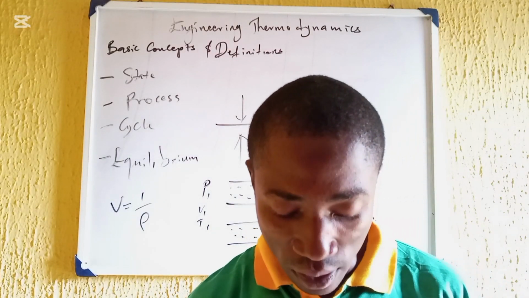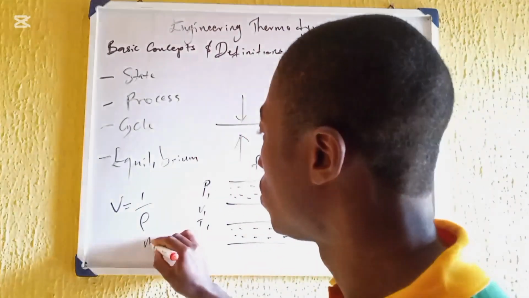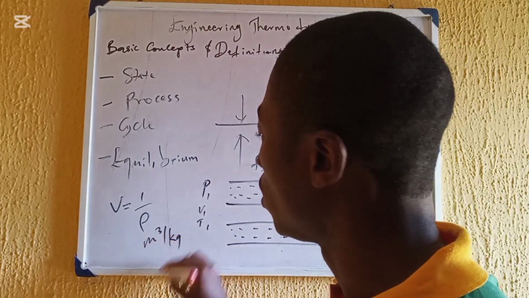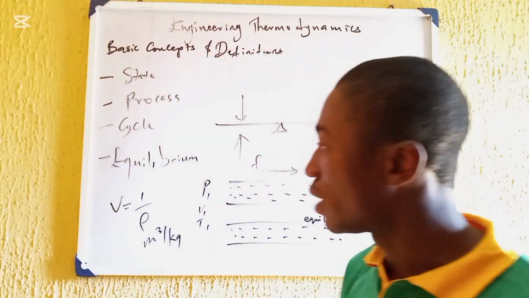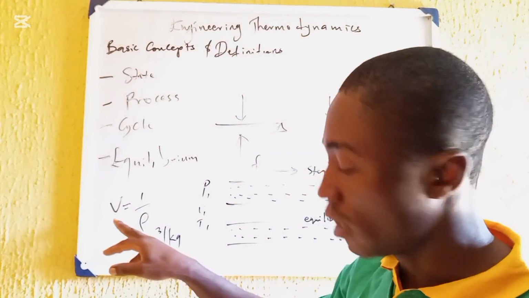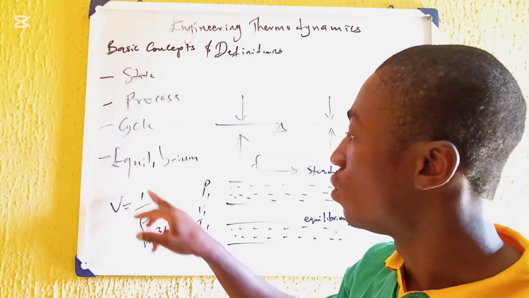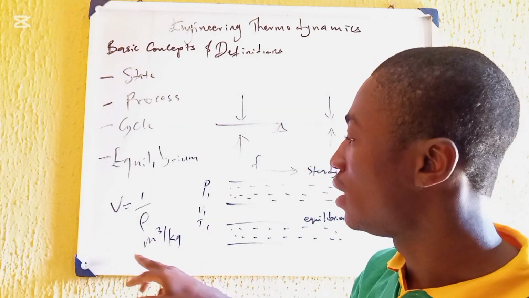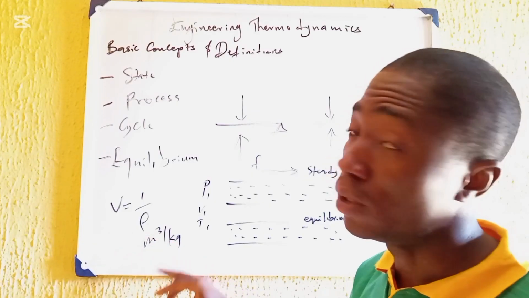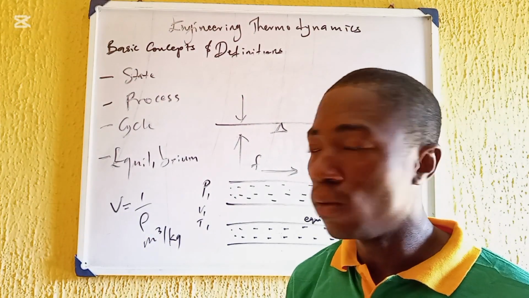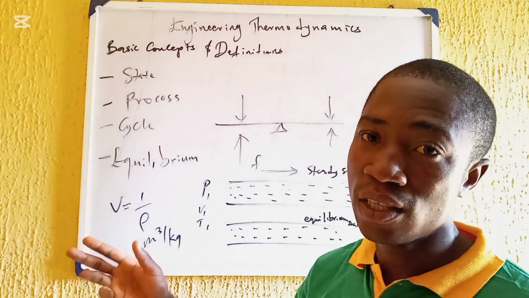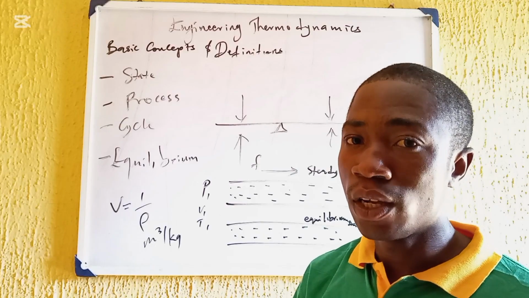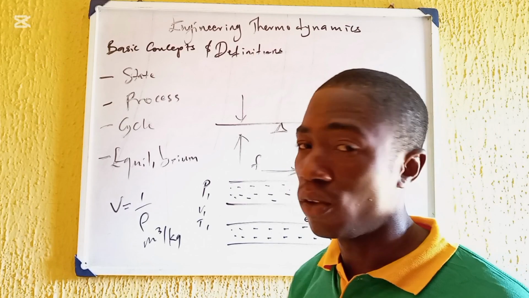The SI unit is meter cube per kilogram. So if you are asked to calculate specific volume, you have v equal to 1 over density, where the SI unit is meter cube per kilogram. So when solving problems, make sure you know what your V stands for, whether it's talking about volume or specific volume.